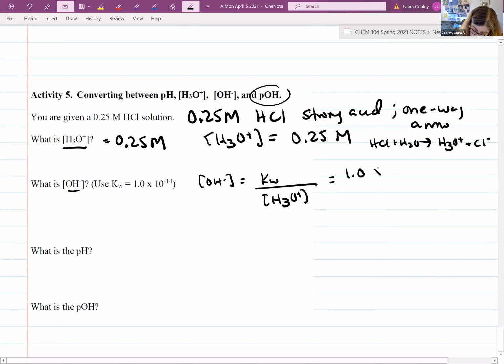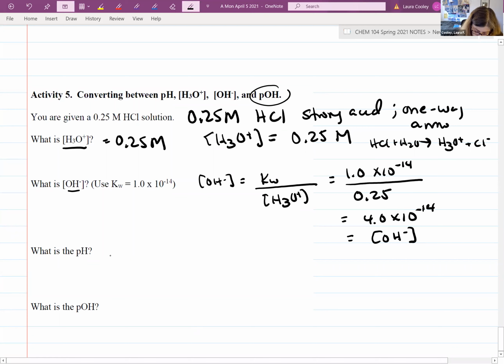So it's 1 times 10 to the negative 14th over 0.25. Well, you can see this is going to be an extremely tiny number, right? Because it's 10 to the minus 14th in the numerator. And it's 4.0 times 10 to the minus 14th. Wow, that's not very much.